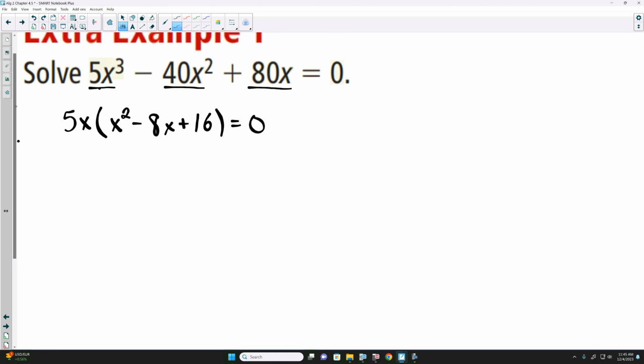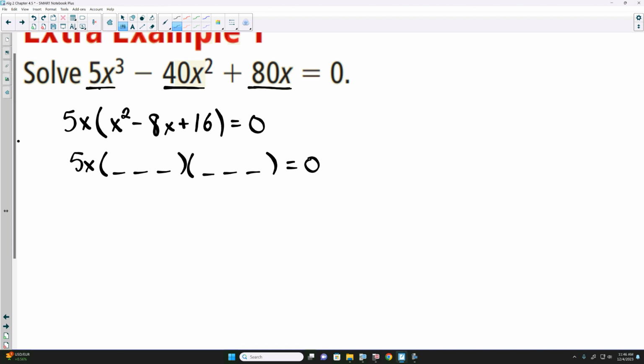Part of the reason we're doing this is that we do not have a method for factoring a cubic equation. But once we take away the 5x, that greatest common factor, we are left with this quadratic, and we do know how to factor quadratics. This one is indeed factorable. So we'll have 5x times our two sets of parentheses with spaces.